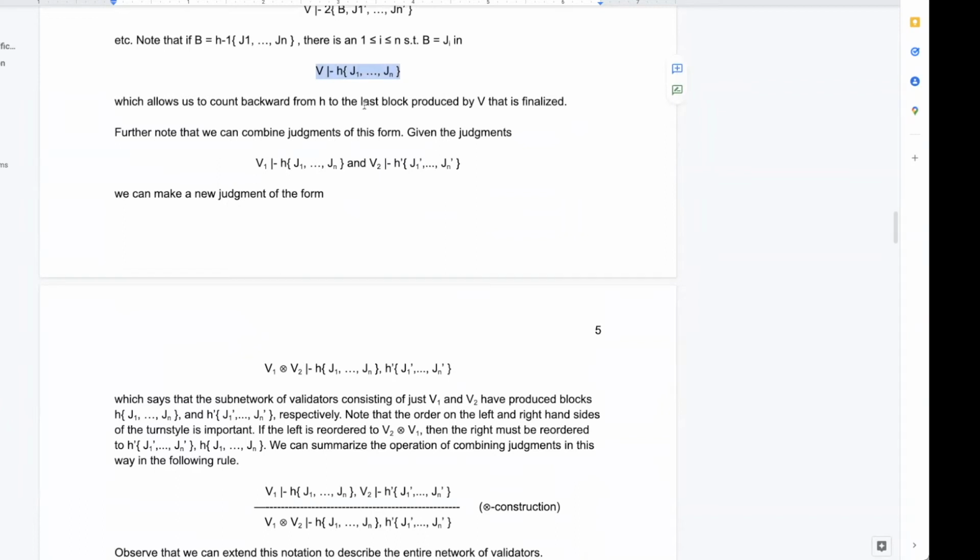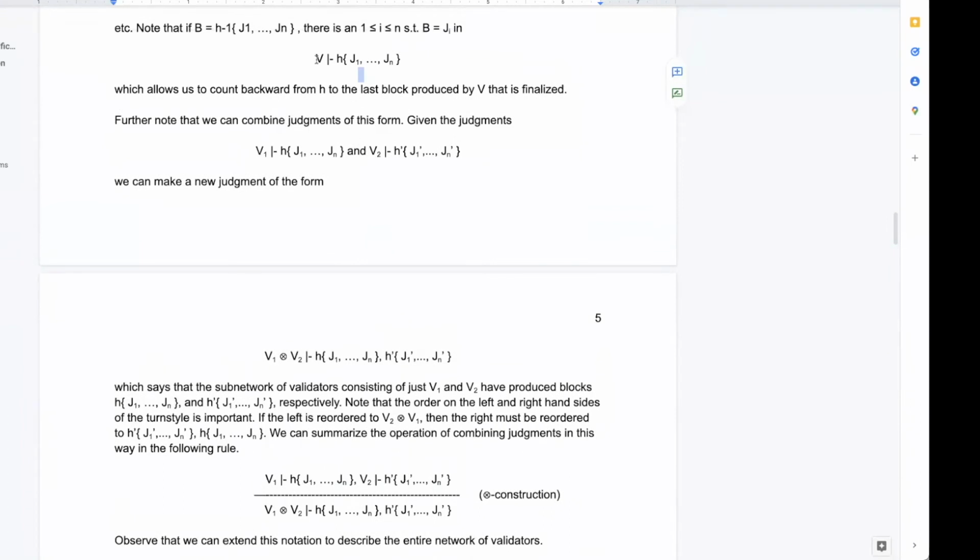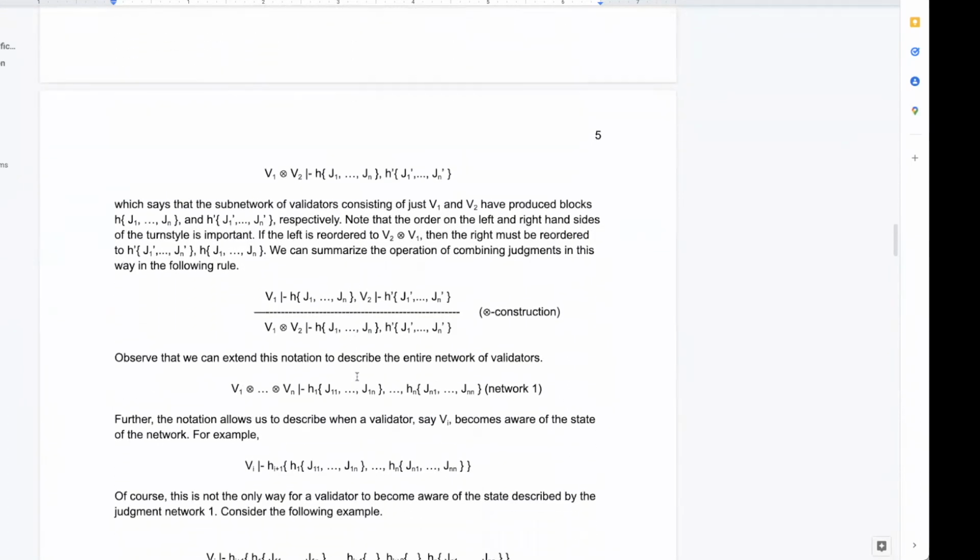So if we think of blocks as terms, this is describing valid blocks, so the production of valid blocks, not just for individual validators, but for the entire network.